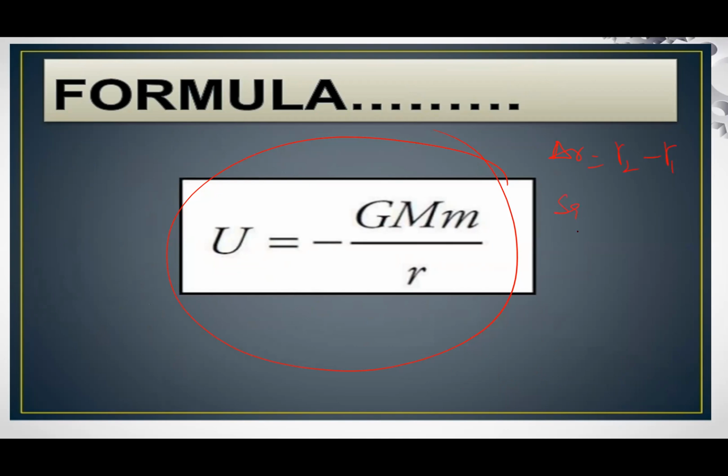Squaring both sides, del R square is equal to R2 minus R1 whole square. Del R square is equal to R2 square plus R1 square minus 2 R1 R2.